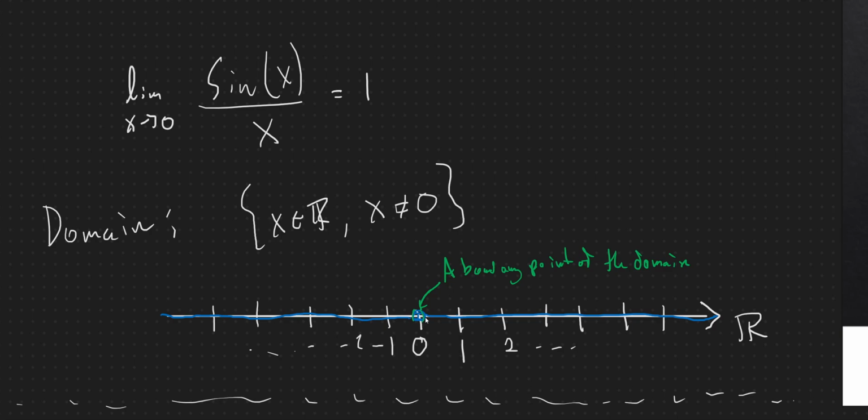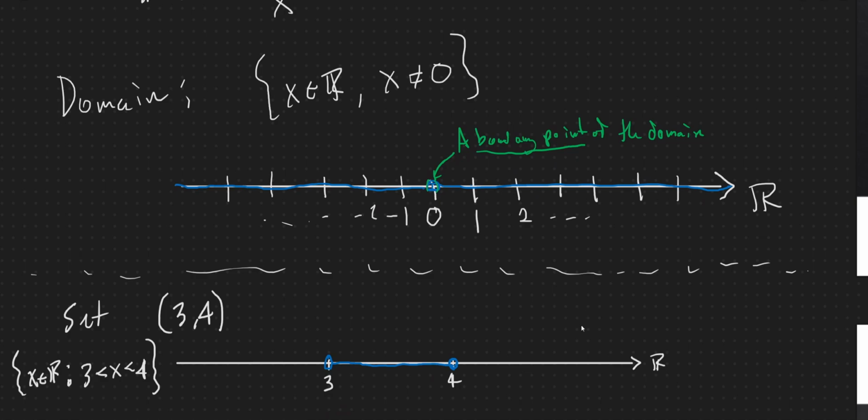There'll always be a point a little bit bigger than 0 and a point a little bit smaller than 0 that is in the domain. So no matter how small we make this, our open interval contains a point in the domain and a point not in the domain. That's what a boundary point is, and it made finding a limit as x went to 0, as we approach that boundary point, quite an interesting problem. So that's what we really want to study, these sort of fringe cases, these boundary points of the domain.